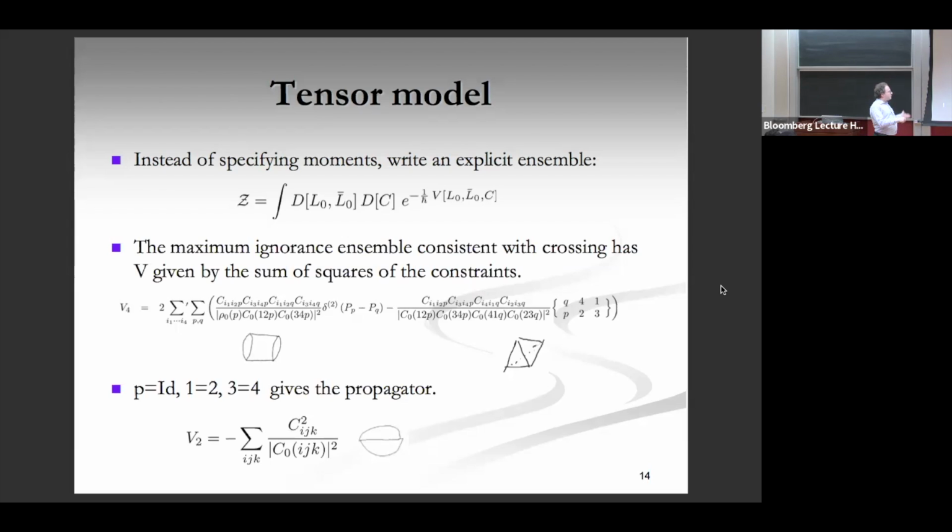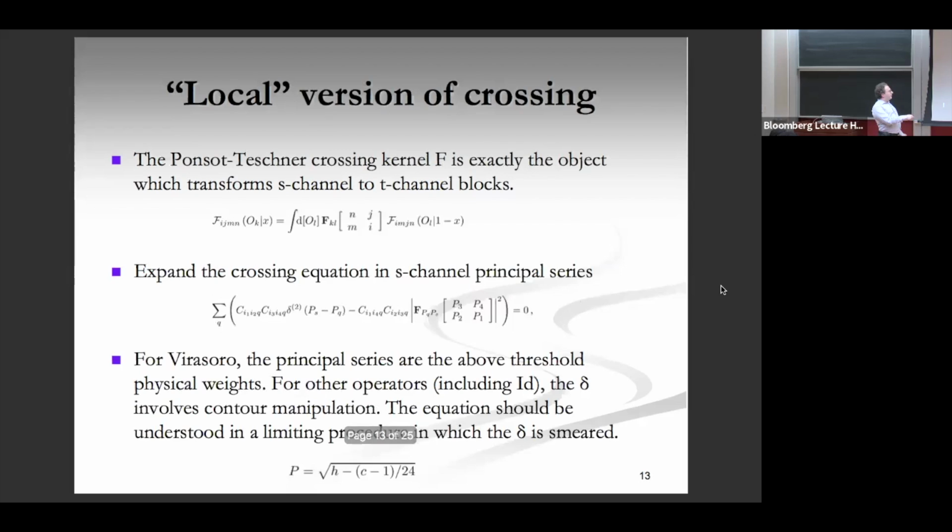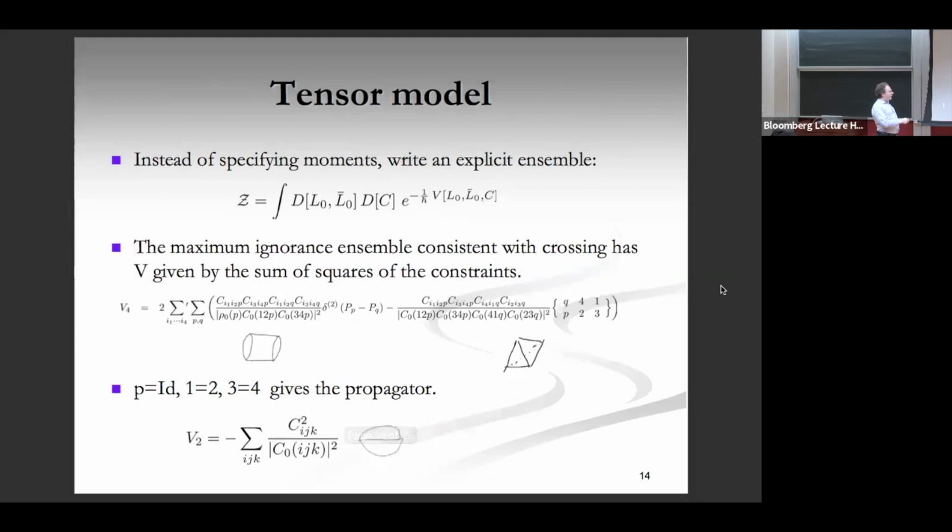And then we take the square of the previous expression, integrate over the principal series value here, which I call PS, and end up with this expression. And so there's a trivial contraction structure, this one, which is like the S channel times the S channel, or equivalently T channel times T channel.